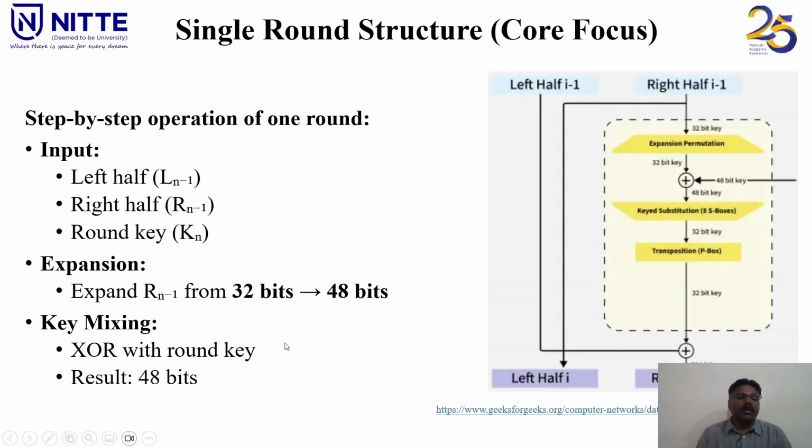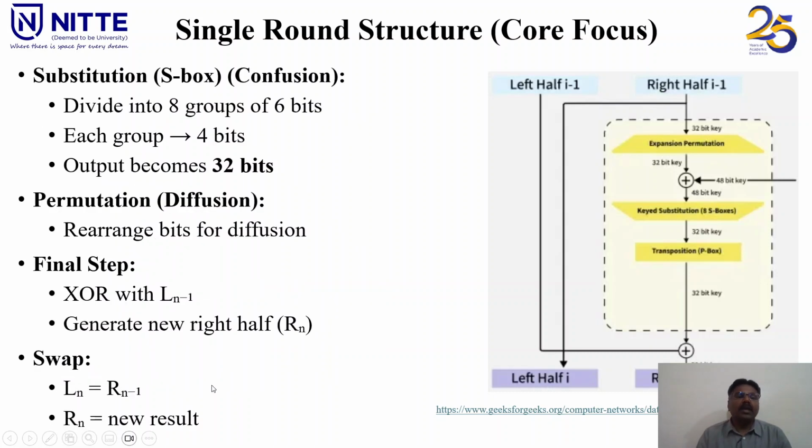The same thing is explored again here. The very first step is dividing into halves and performing the round key operation. Before that, we need to expand the right-side half from 32 bits to 48 bits. Then we perform the XOR operation, and the result is 48 bits.